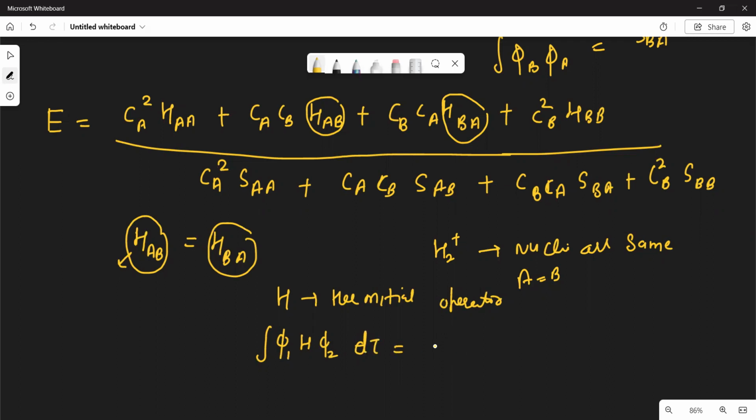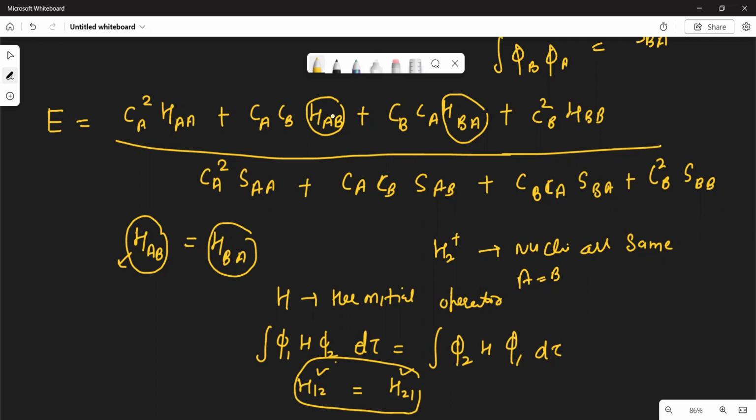Then it is equal to, we just replace the wave functions, psi 2, H psi 1. So these two are equal, and these represent H12 and H21. If your Hamiltonian operator is Hermitian, that means these two integrals, or these two notations, are the same.